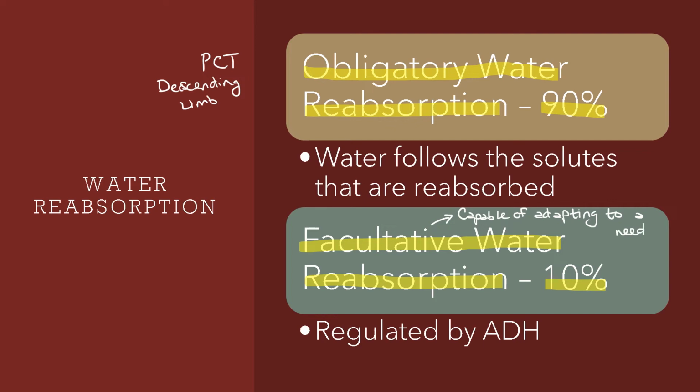So this type of water reabsorption is regulated by the antidiuretic hormone, and this one occurs mainly in the collecting ducts. And we'll see why it's an adaptive type of water reabsorption in just the next slide.